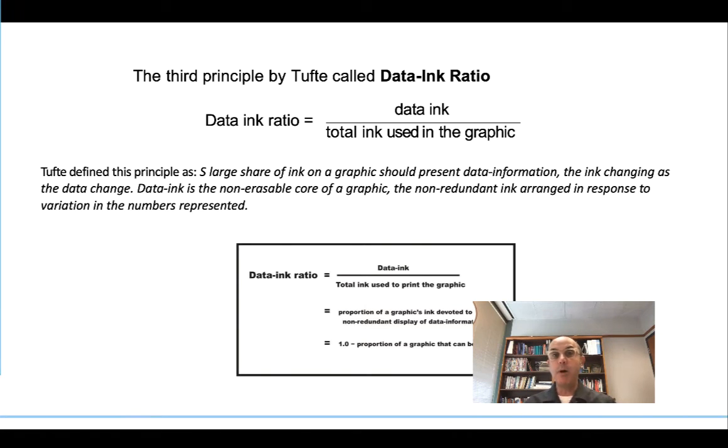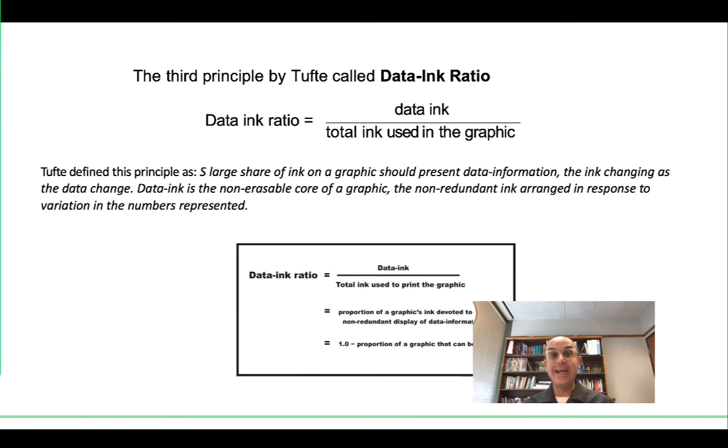The third principle by Tufte is called data ink ratio. The data ink ratio is the data ink divided by the total ink used in the graphic. I don't know if you are familiar with old printers. In the past, when I used to print my graphics, I used to go buy ink all the time because I used to use all the ink in my graphs.